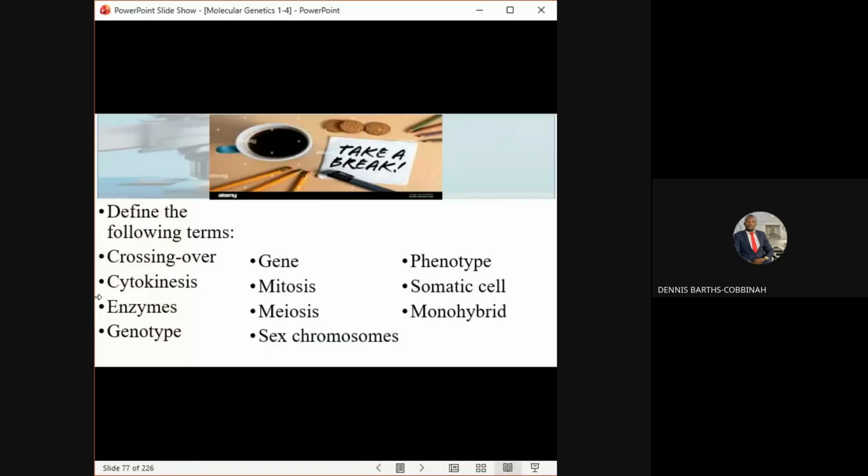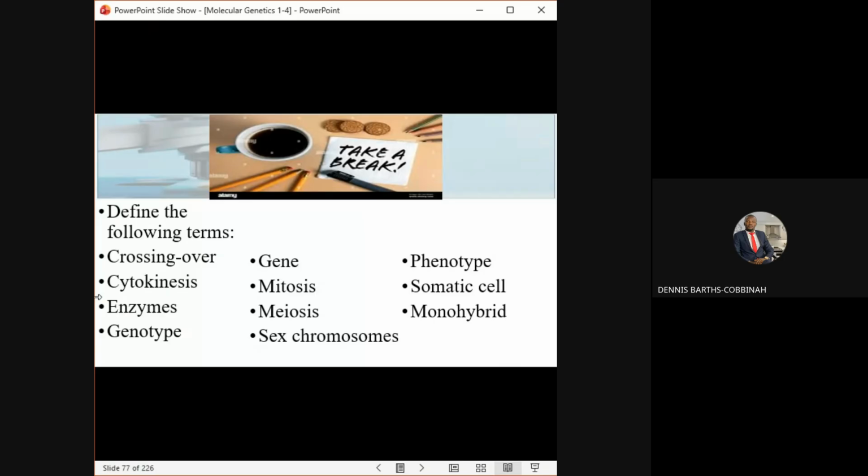Look at enzyme, genotype, gene, mitosis. We've considered that. Meiosis, we have considered that. Sex chromosomes, I think we have considered that. Phenotype, somatic cell, and hybrid. So those that we have considered already, we're just going to highlight them and discuss those that we haven't really come across.